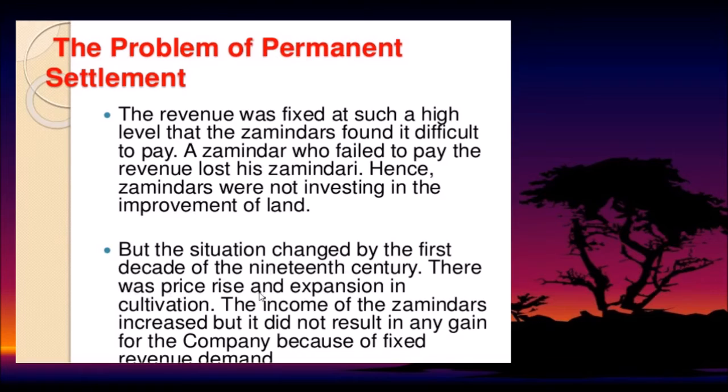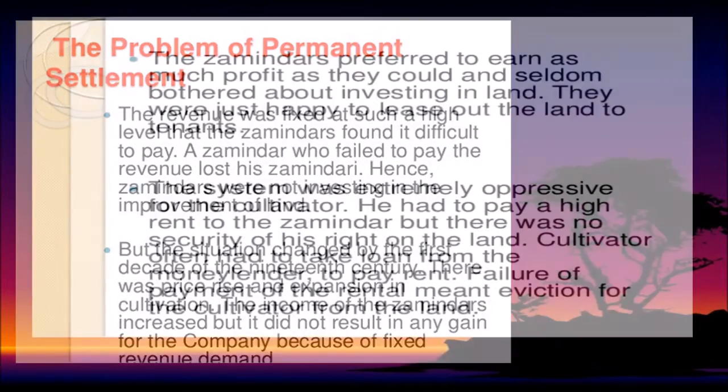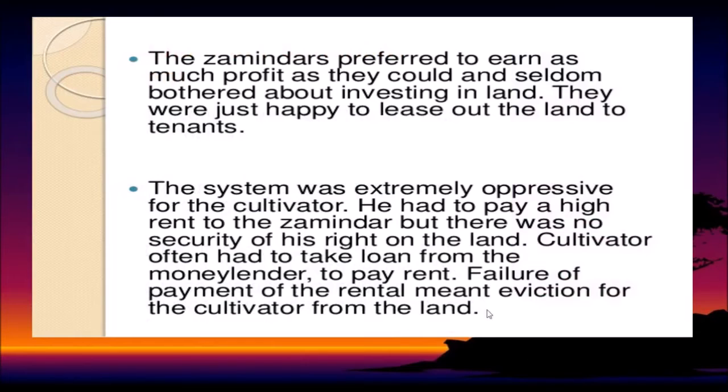There was price rise and expansion in cultivation. The income of the zamindars increased, but it did not result in any gain for the company because of fixed revenue demand. The zamindars preferred to earn as much profit as they could and seldom bothered about investing in land. They were just happy to lease out the land to tenants.